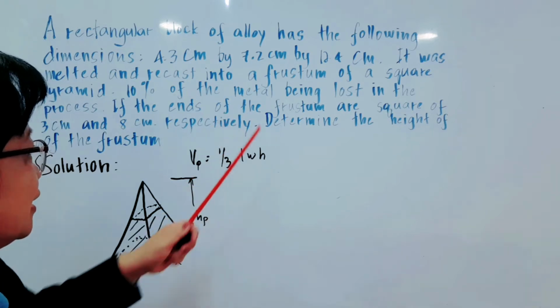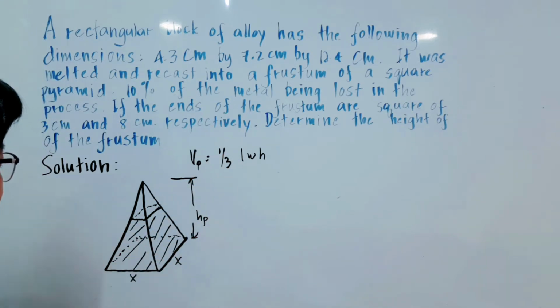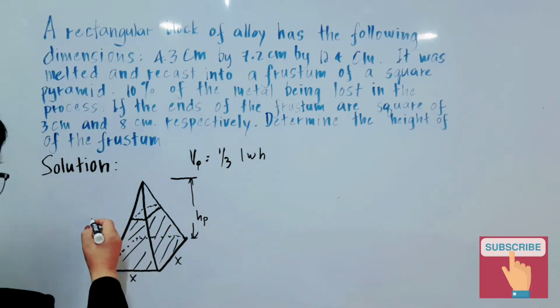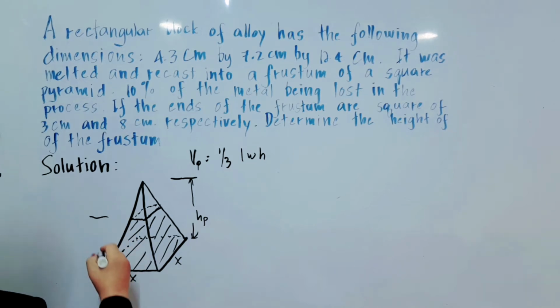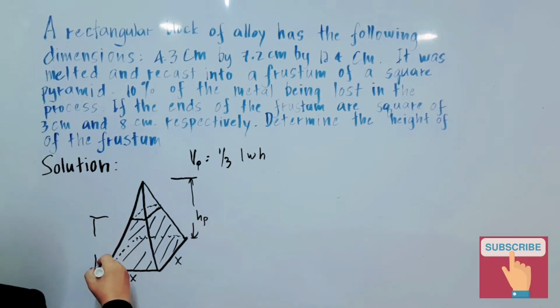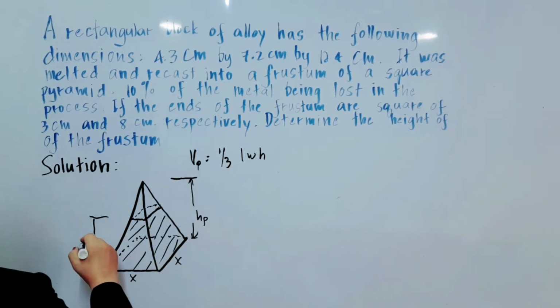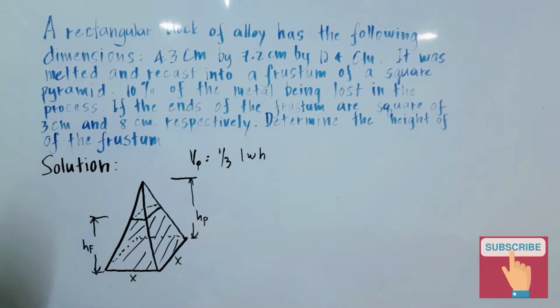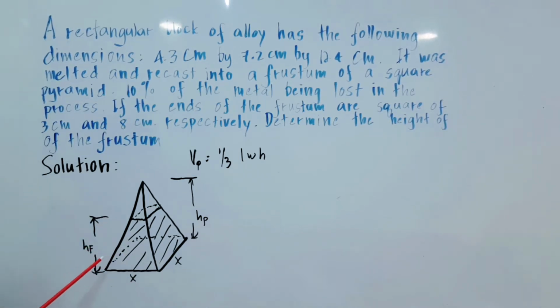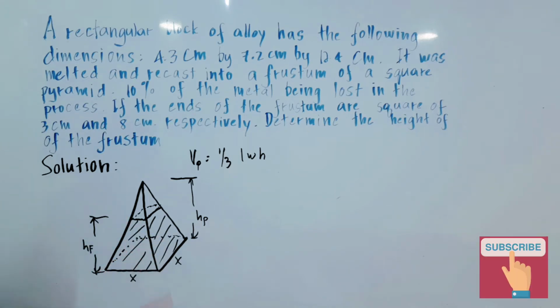But because we need only the frustum of a square pyramid, we have to find the height of the frustum. We will designate this as HF, the height of the frustum of a square pyramid.